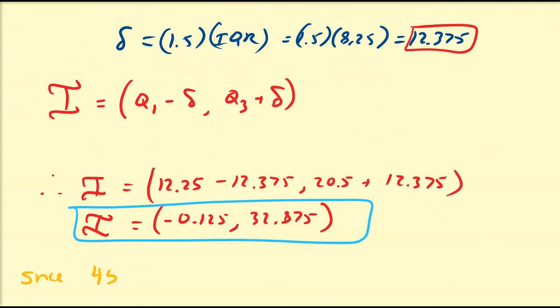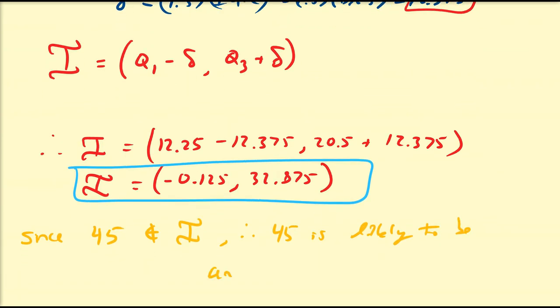Since 45 is not an element of this interval, that means 45 is likely to be an outlier of S by the IQR outlier test. And that's pretty much how we can use the IQR outlier test to determine whether a point of a set is an outlier of that set or not. Hope you enjoyed.